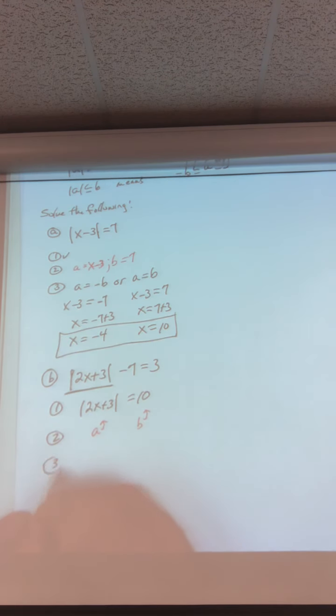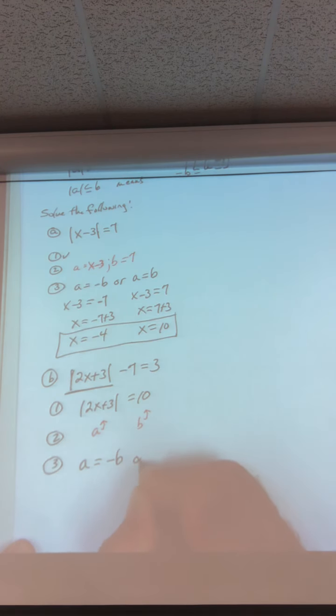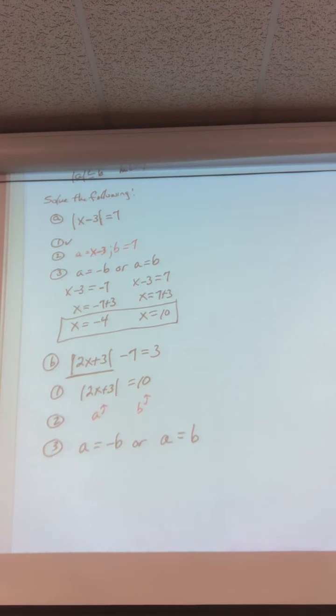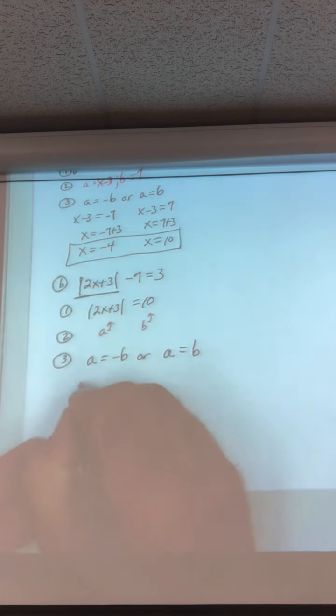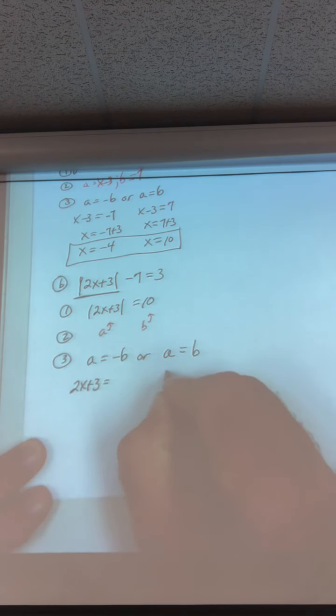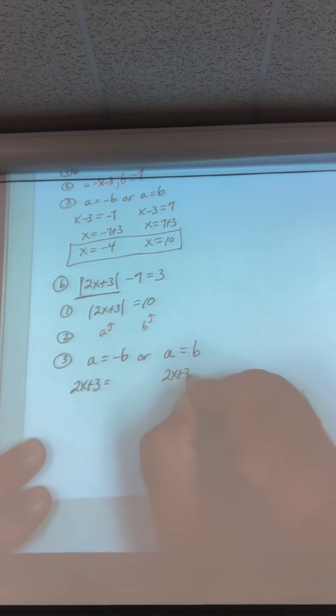Step 3. What formula are we using? The absolute value equal formula, which is this. Don't question this formula, just write it down. Now, what do we replace A with? 2x plus 3 and 2x plus 3.